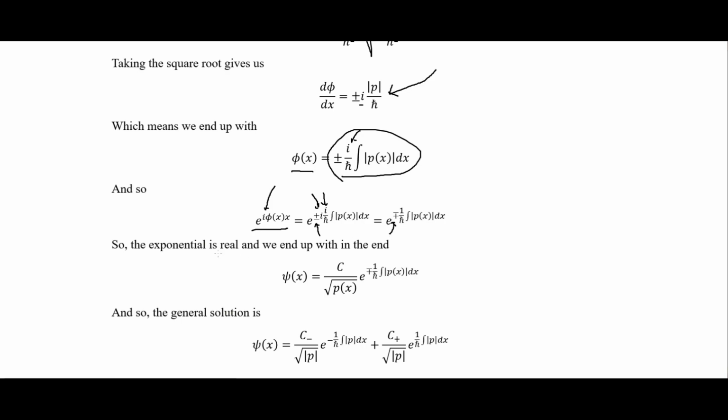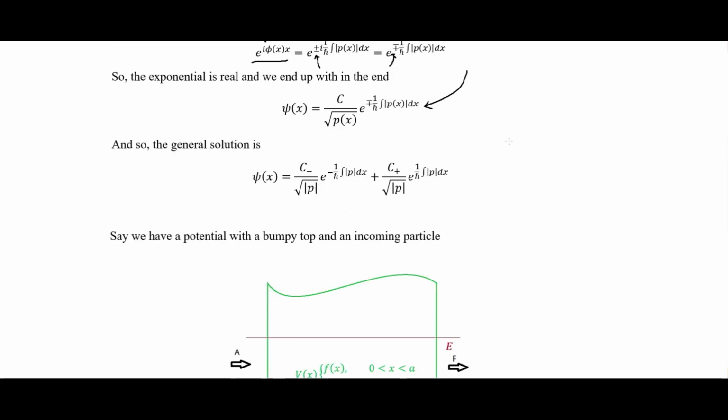So the exponential is real, and we end up with this as our solution, in the same form that we got last time in the previous video. And so we have a general solution that looks like this, with a negative and a positive exponential.